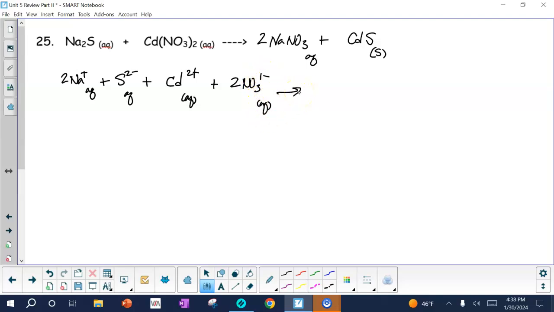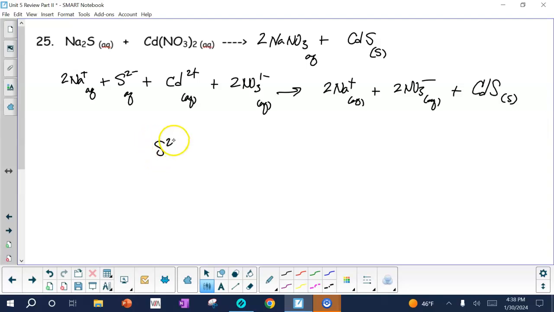So the sodium nitrate has 2 aqueous sodium cations and 2 nitrate aqueous anions. Cadmium sulfide is your solid. Which things changed?